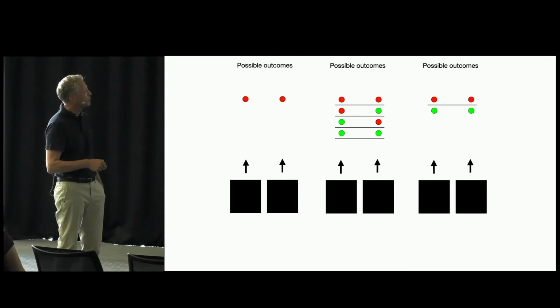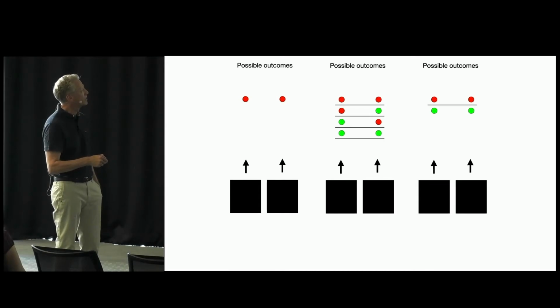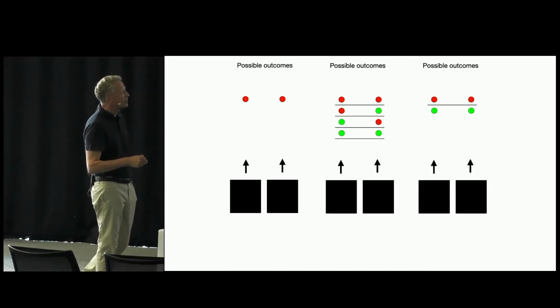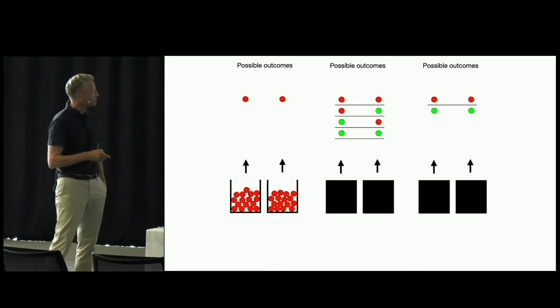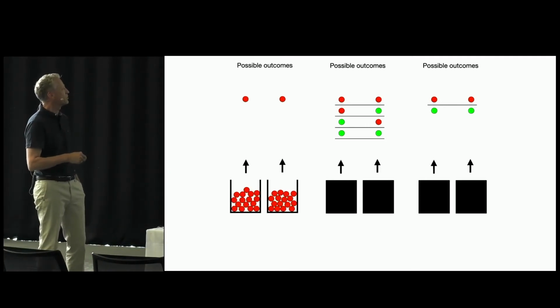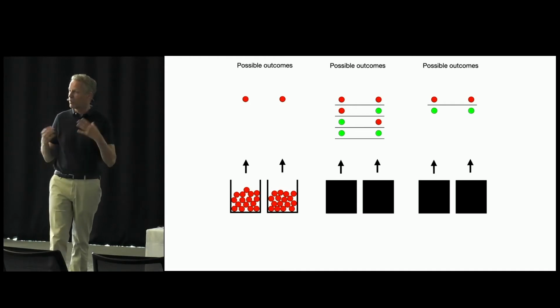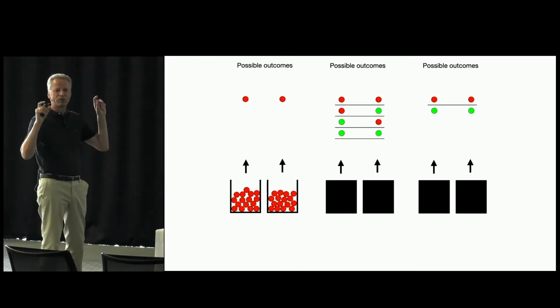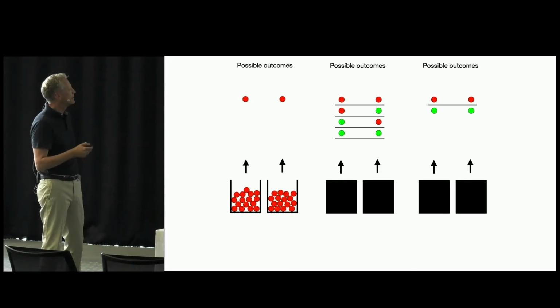Whereas here we have mixed things. We have all possible combinations of red and green, so red, red, red, green, and so forth. And we have this experiment where red always comes with red and green with green. Of course, here this was not surprising, because if it's always red, there are only red balls in this thing. So all this is just trivial correlations. The fact that these are the same is nothing mysterious.